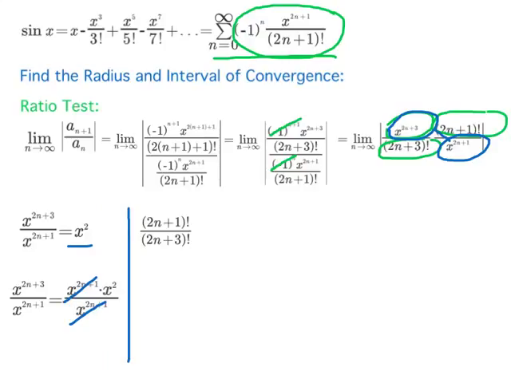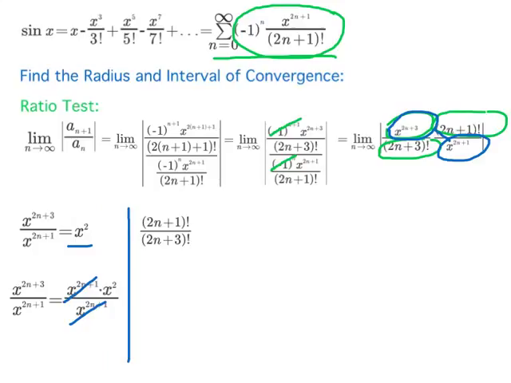So 2n plus 3 factorial is larger, and it means 2n plus 3 times 1 less, 2n plus 2, times 1 less, 2n plus 1, times 2n times 2n minus 1 times 2n minus 2, and so on all the way down to 1.